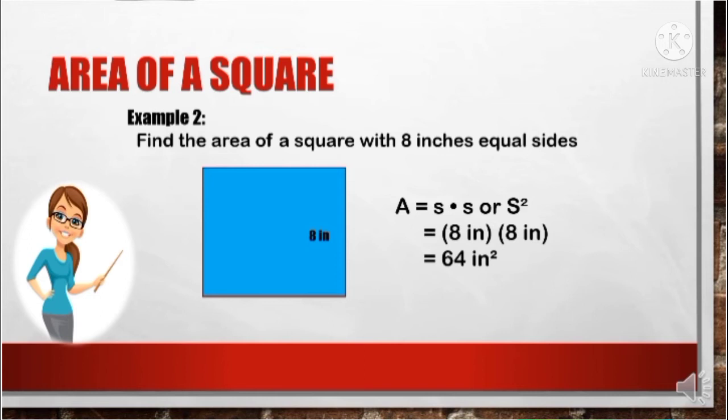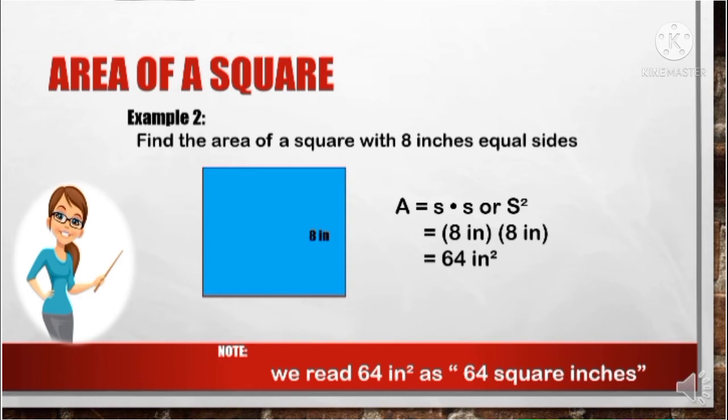We can also use open and close parentheses, which signifies multiplication. So we have 8 inches times 8 inches equals 64 inches squared. Once again, we read 64 inches squared as 64 square inches.